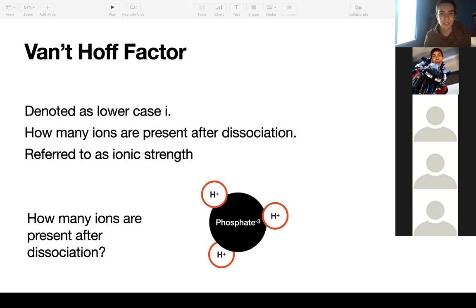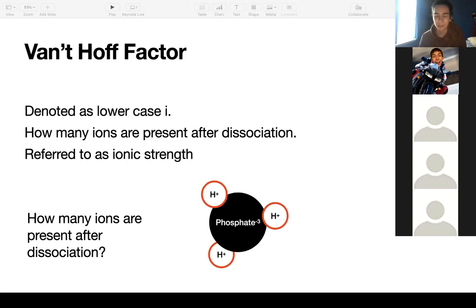The next slide is the Van Hoff factor, denoted as lowercase i, not to be confused with i from calculus or something like that. This factor, which is also called the ionic strength factor, refers to how many ions are present after dissociation.